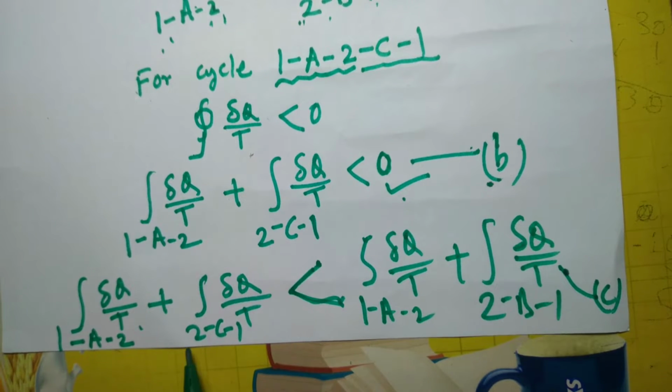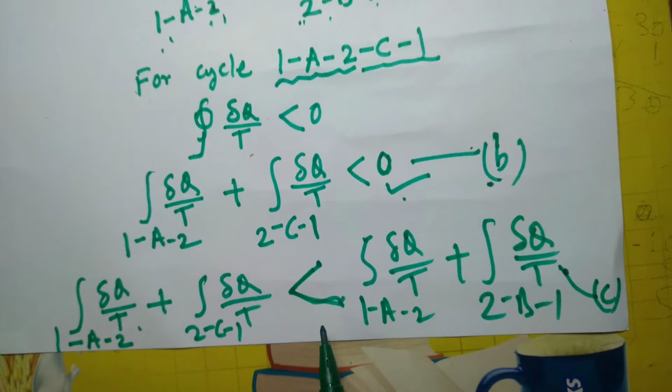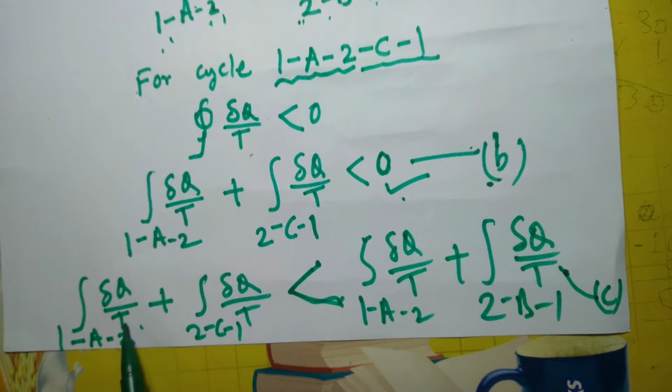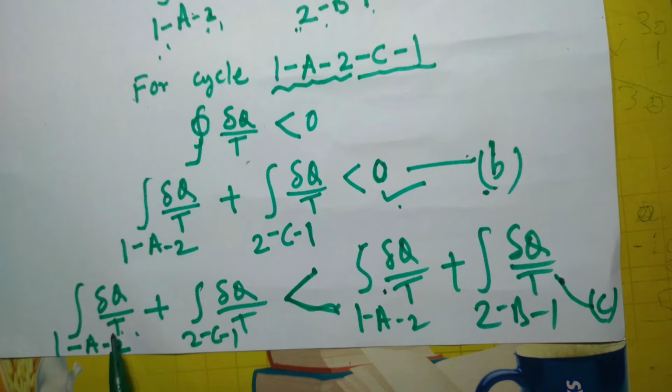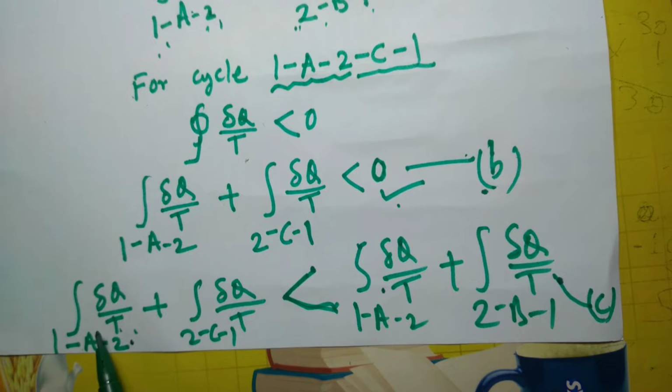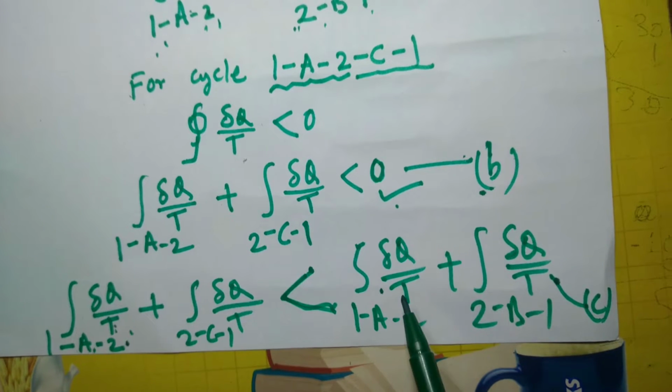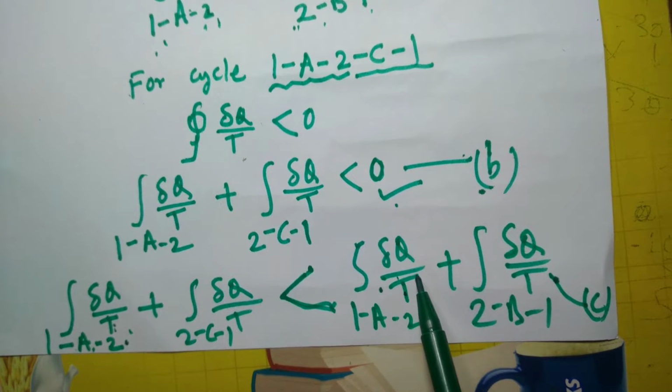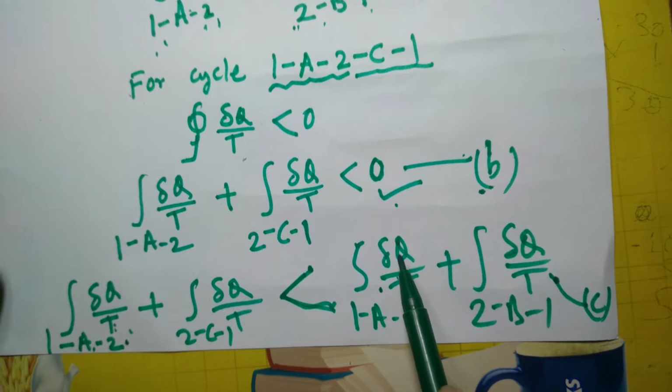So this is the inequality that comes out finally. The integral of del q by T along 1A2 is present on the left hand side, and the same term is also present on the right hand side of the inequality, so we can cancel out these terms.